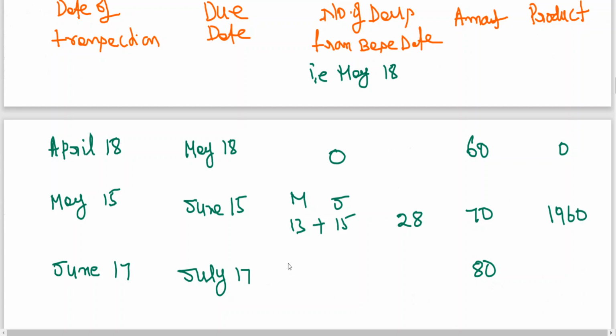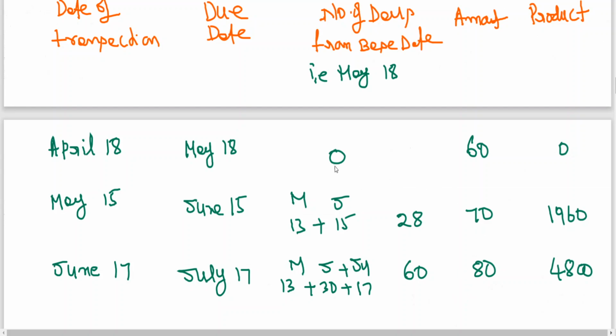July 17: May 13, June 30, July 17. 13 plus 30 plus 17, it is coming to 60 days. 60 into 80, 4,800.